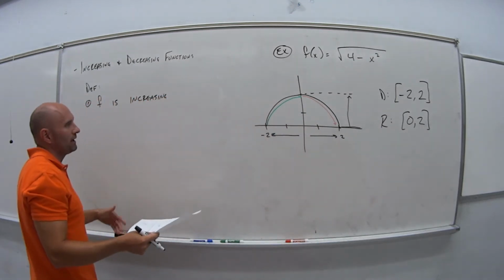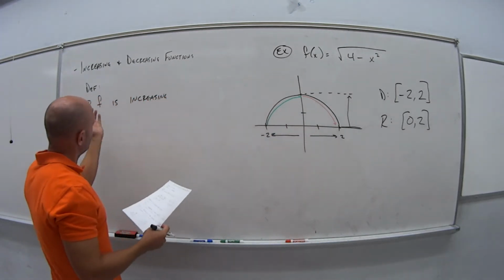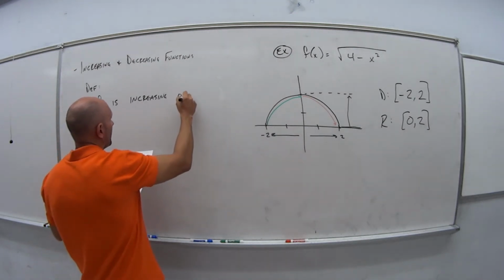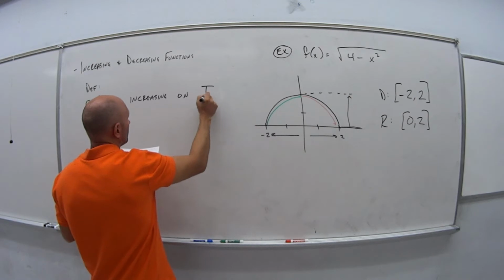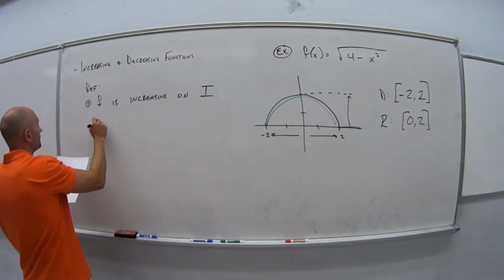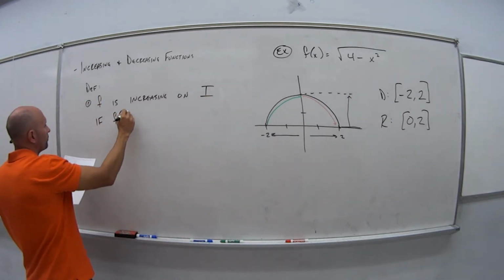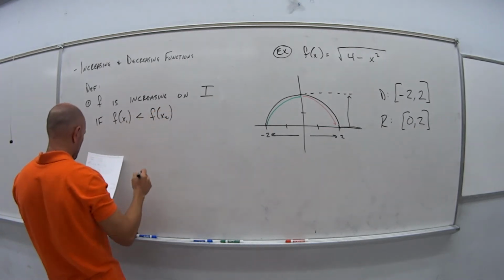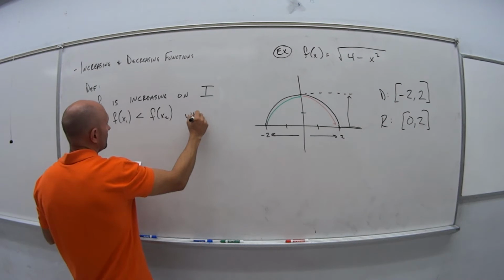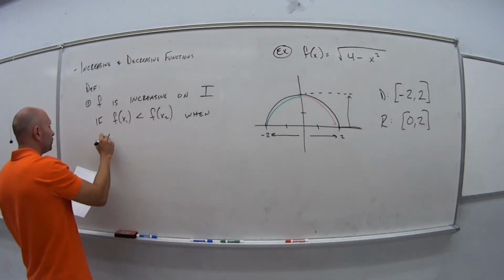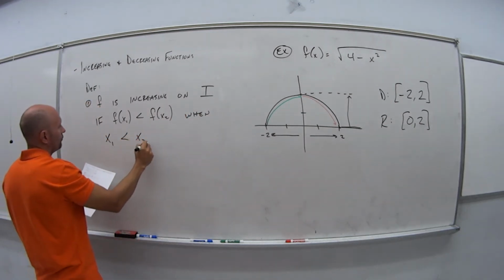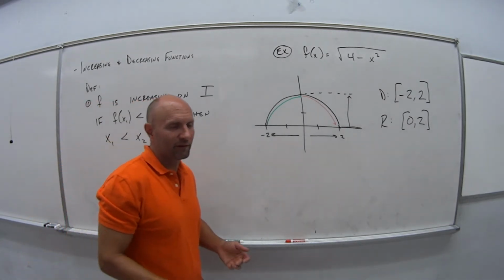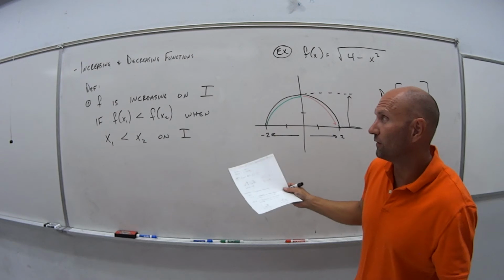And to put that into math terminology, f is increasing on the interval I if f of x1 is less than f of x2 when x1 is less than x2 on the interval I. As you can see, you try to read this and you're like, is this a foreign language?